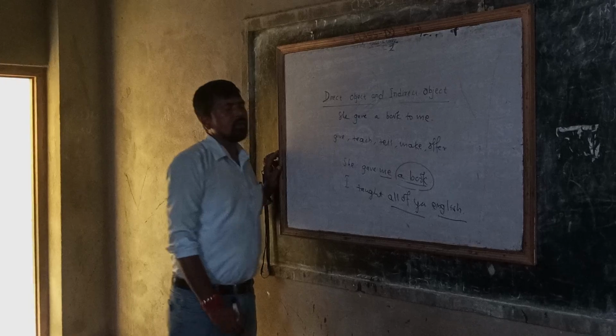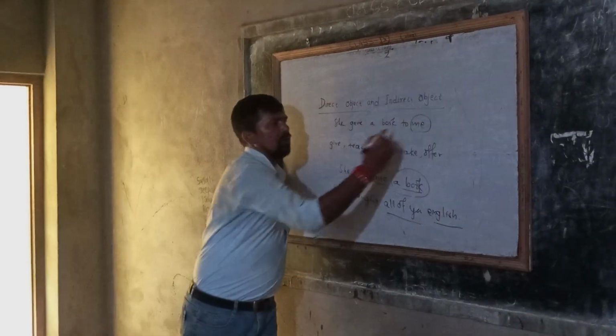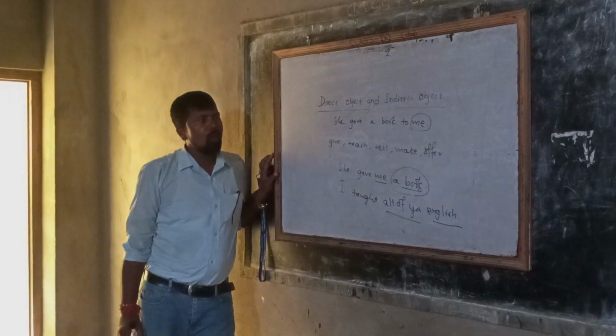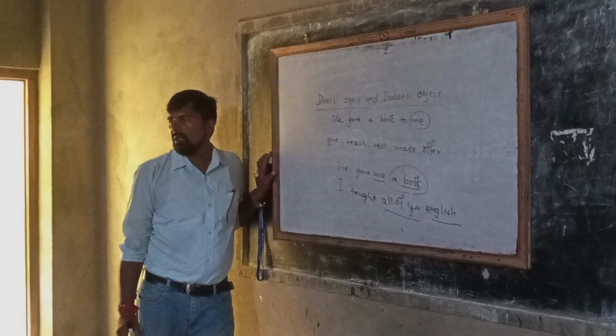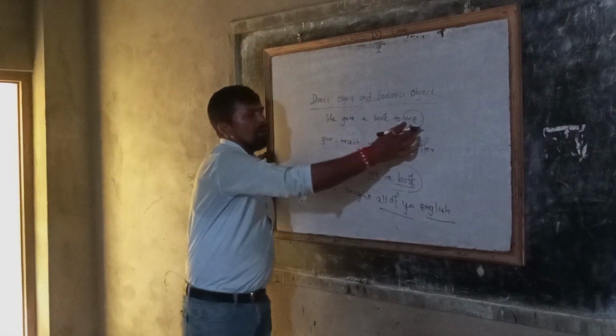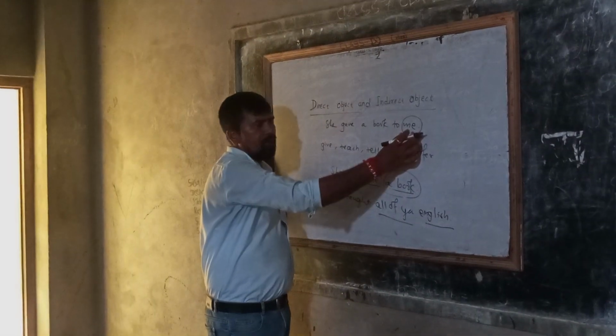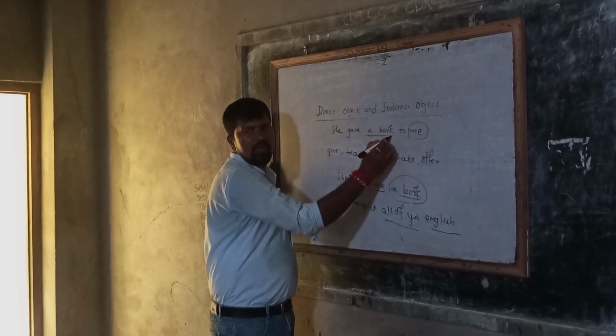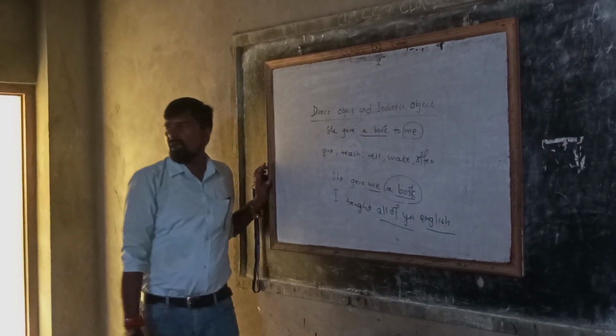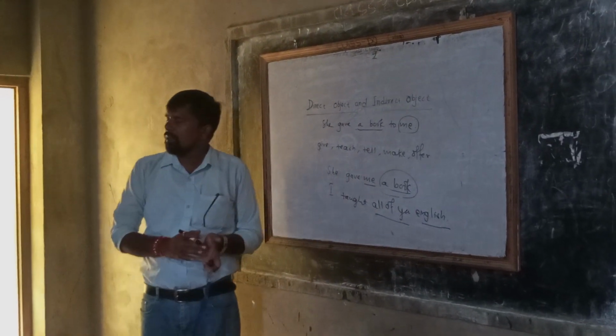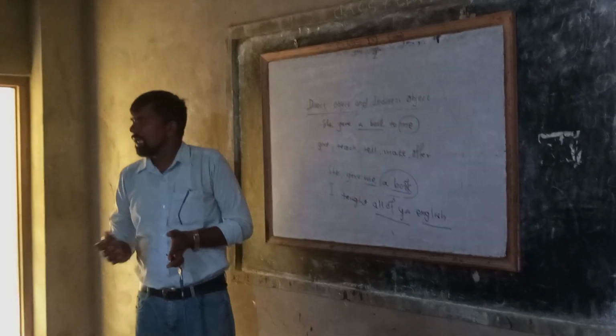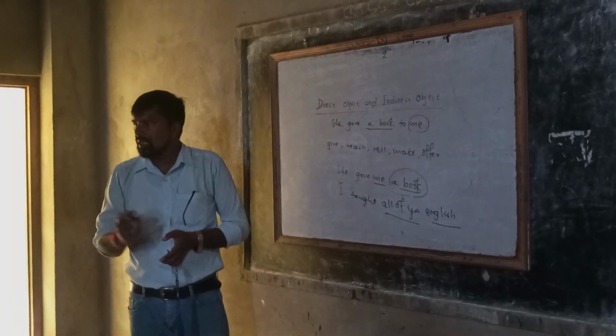She gave a book to me. Now it is a receiver. Who receives the book? Me. So me means indirect object, and the book is the direct object. There is no rule here that the direct object comes first or the indirect object comes later.